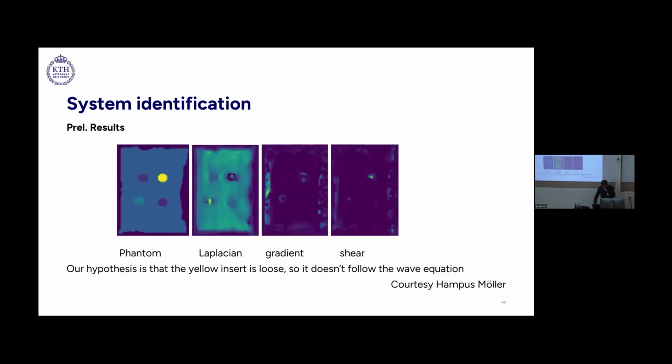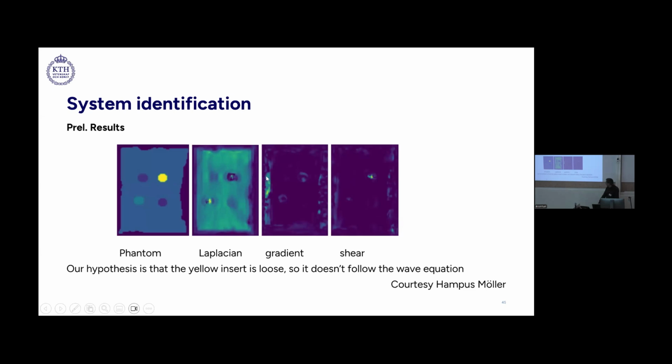These are some results from Hampus with a phantom. They put some inserts here, and you would expect that this Laplacian component will be homogeneous, so everything will be the same color here.